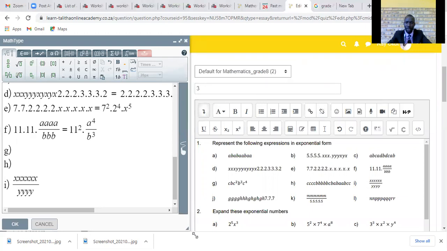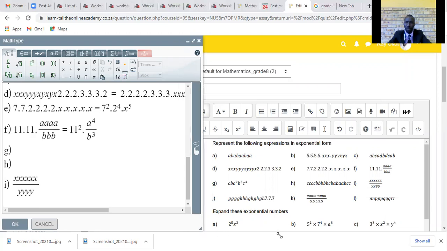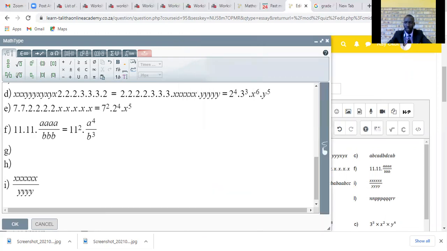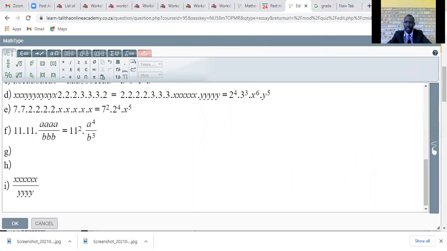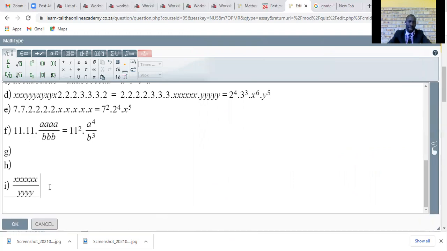Okay, so we now want to move to I. Well, let's close that. Now, I, we write this as, let's have the fraction in place right here. Now, let's count how many appearances we have for x. So we count 1, 2, 3, 4, 5, 6.